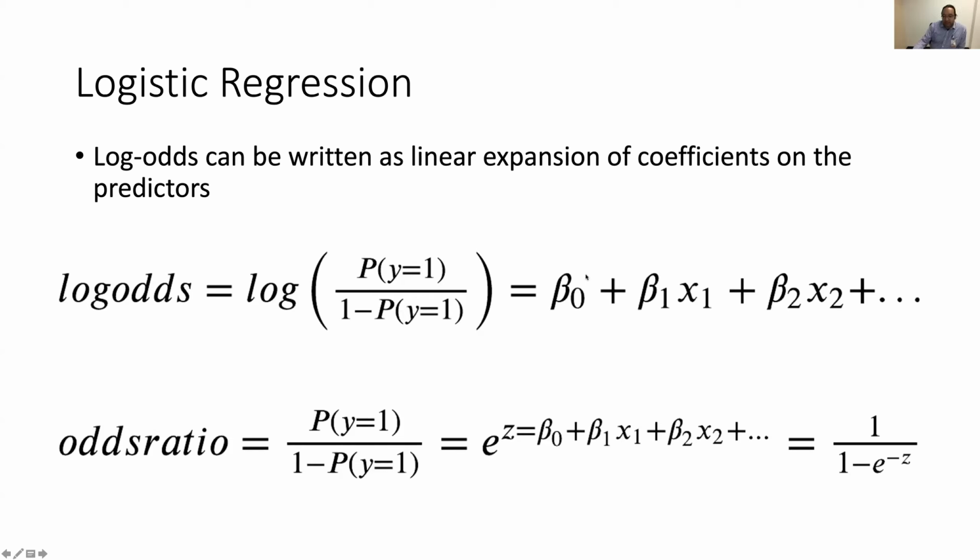And then e to all this, we can write as, imagine that z is the output of your linear regression, right? It's just a weighted average. So e to the z, we can rewrite as 1 over 1 plus e to the z. This is the definition of the logit function. Does that make sense?